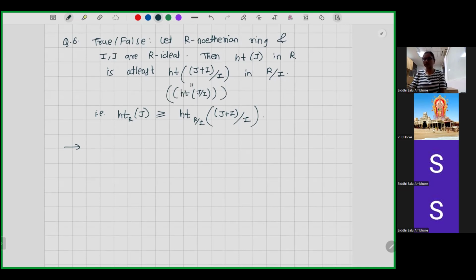Anyway, the height of J is in R, and we are going to quotient with I and then look at the height of J in R mod I. So will this always be true?